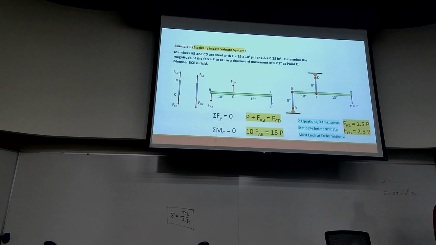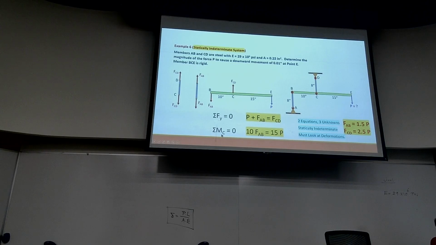So, from statics, we can write summation of forces in the y direction equals 0. That means this downward force FAB plus this downward force P must be equal to the upward force FCD. We don't have any horizontal forces, so the force balance in the horizontal direction is useless.